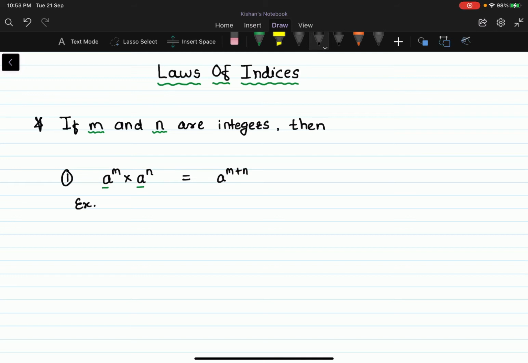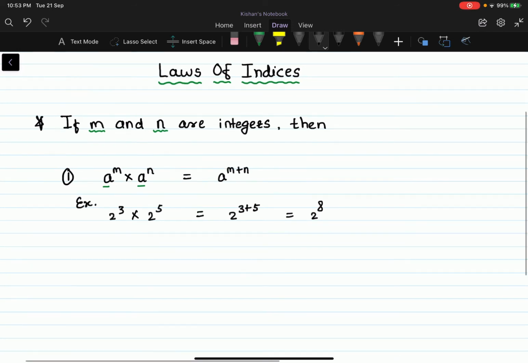For example, 2 raised to 3 into 2 raised to 5 becomes 2 raised to 3 plus 5, that is 2 raised to 8. हमेशा याद रखें, अगर बेस सेम है and if we are multiplying, then we can add its indices.